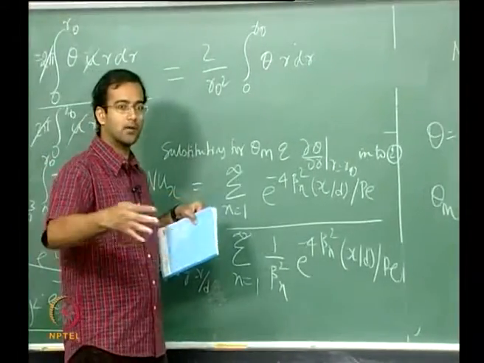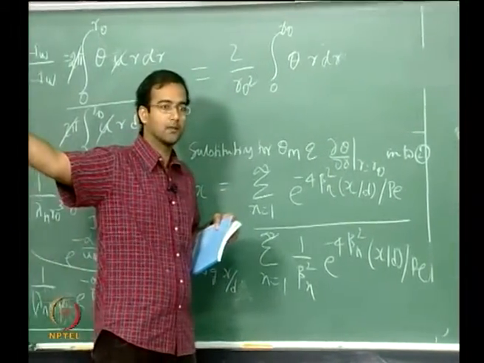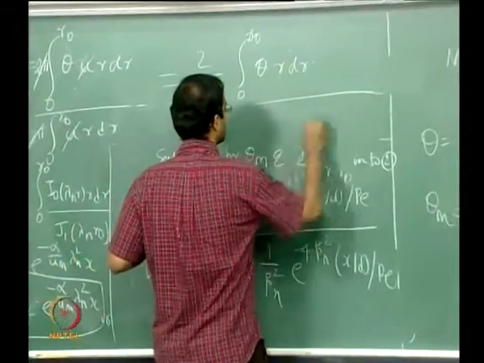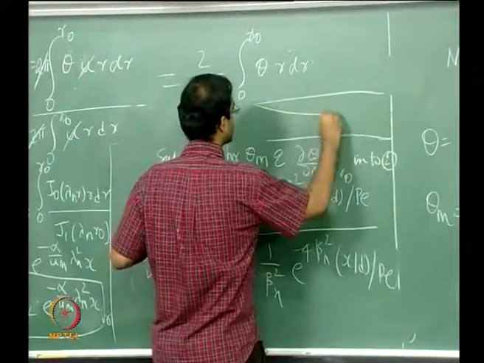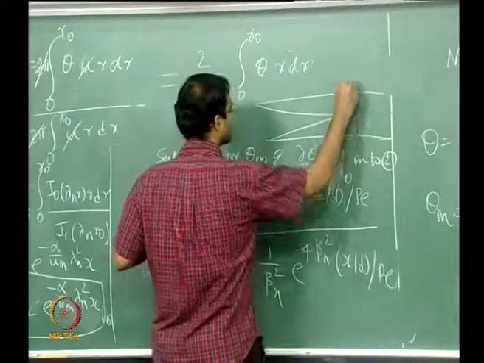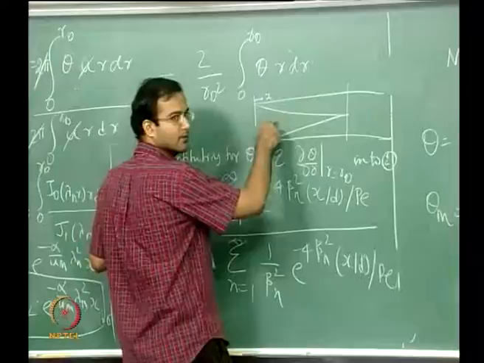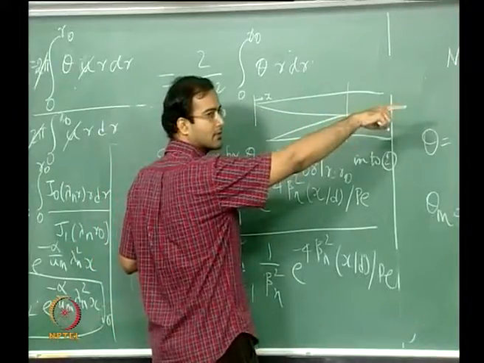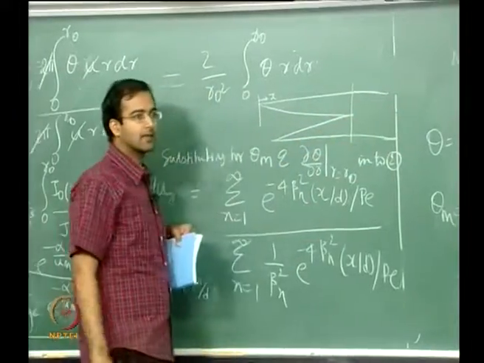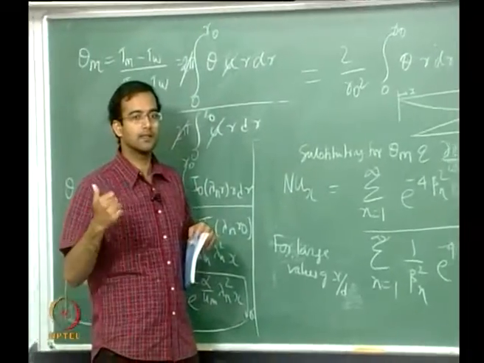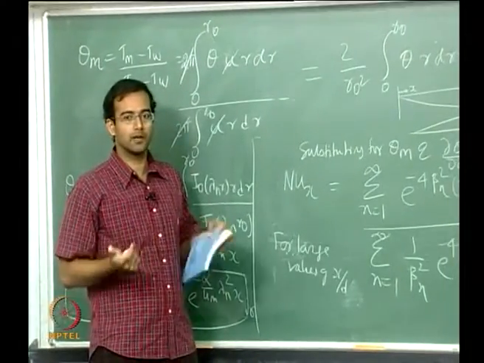If you keep going further and further down, your thermal boundary layers will be meeting somewhere here, and now your x is somewhere here. If you go to large values of x, asymptotically it will reach the limit of thermally fully developed flows.